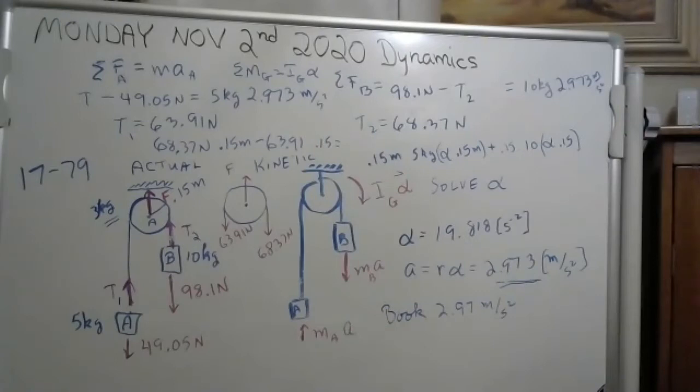what did we say the I was? I forgot. We did it. I think I erased it. Well, I can find it. It's 1/2 times 3 times 0.15 squared.